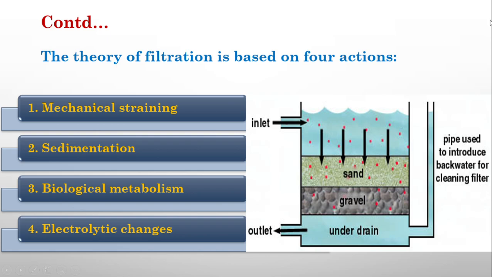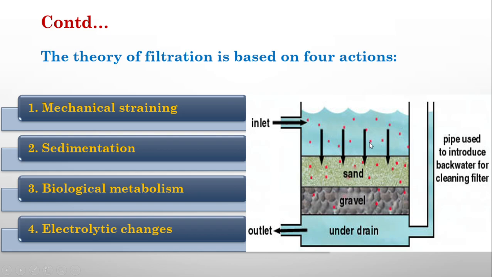On the right side, a figure is given. This is a filter. Normally sand is used as the filter medium. Gravel is a supporting base material for sand, and this is the sectional view of a filter. Below there will be an under drain. Through the inlet, the water with suspended matter, wastewater, is given to the tank, and it passes through the sand and gravel.